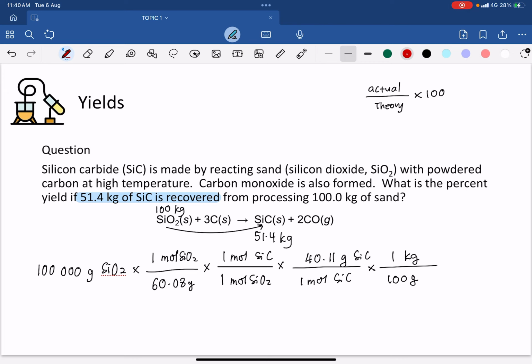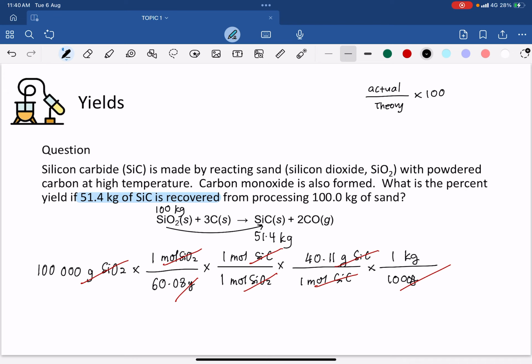So you see, I can cancel out grams of silica carbide, the grams, the mole of silica dioxide, and the mole of silica carbide. 1000 grams of silica carbide.